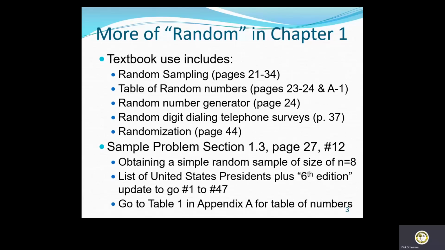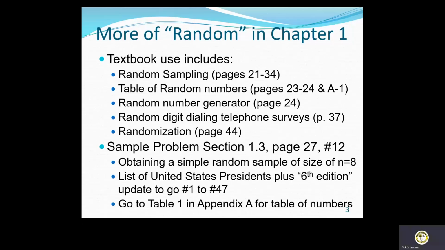But what I want to work specifically for you right here is a sample problem from section 1.3 in your textbook, page 27, number 12. It says, obtain a simple random sample of size n equals 8. So we want 8 pieces of data, and each piece is going to be the name of a president.